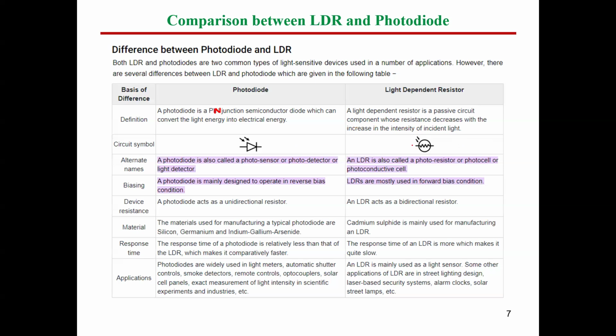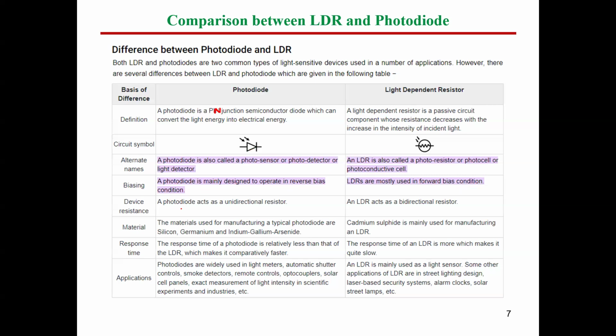But what is the benefit, or what is the difference? So let's go more in depth to see here. Firstly, the biasing. Biasing means how to operate. So the photodiode is mainly designed to operate in reverse bias condition. But LDRs are mostly used in forward bias condition.